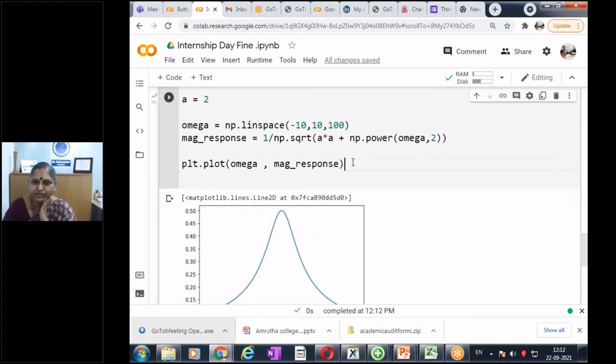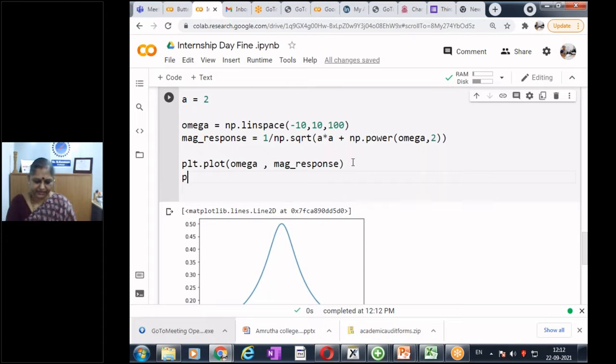And then let us put the title as well. plt.title, and what's the title? Magnitude response. Then what is my x label? X label is omega, and omega is actually omega in radians.